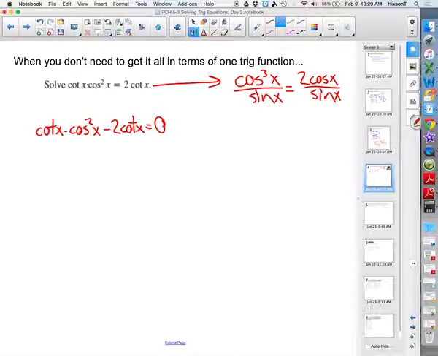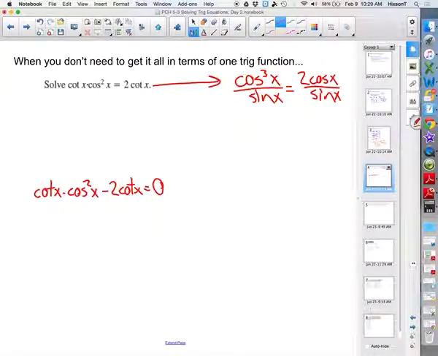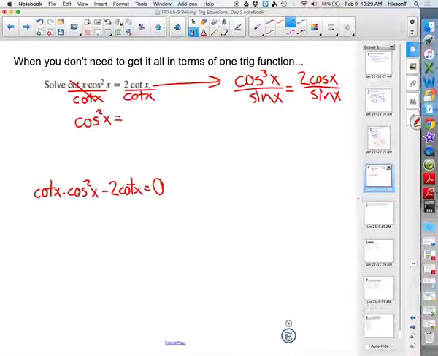Can you divide by the cotangent? Okay, that's another thought, is to take this and divide both sides by cotangent. Oh, so you only get one cotangent, and now you have cosine squared equals 2, because these will cancel.